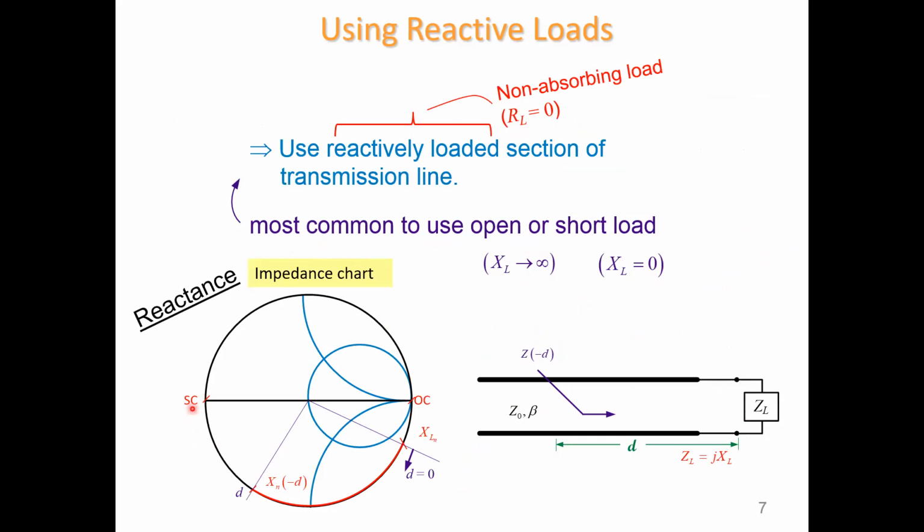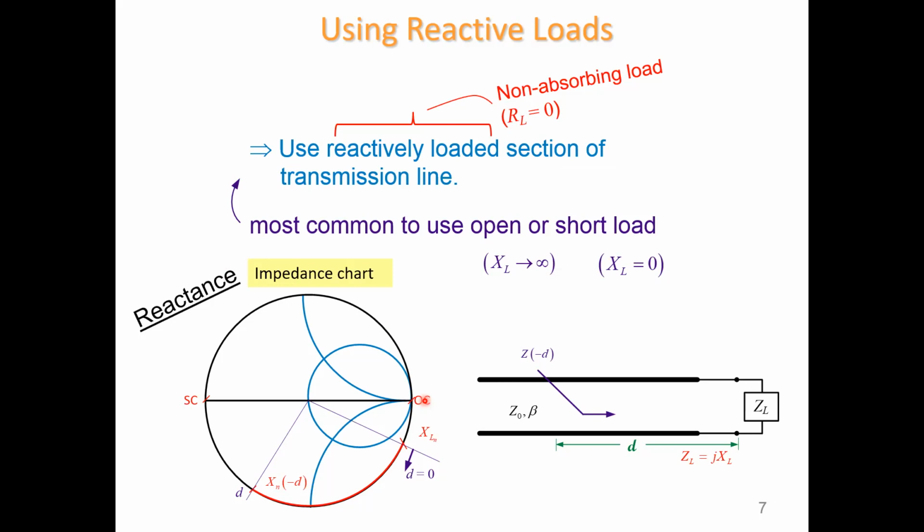This is the point of short circuit, and this is the point of open circuit. Remember, in the impedance chart, the rightmost point on the chart is called the point of open circuit, that is POC. And the leftmost point of the chart is known as the point of short circuit, that is the PSC.